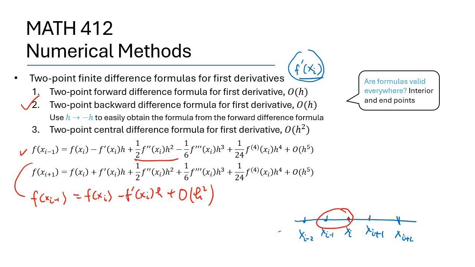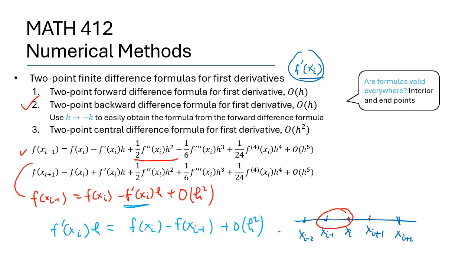From this, we derive the formula: f prime of xi h is f of xi minus f of xi minus 1 plus big O of h squared.